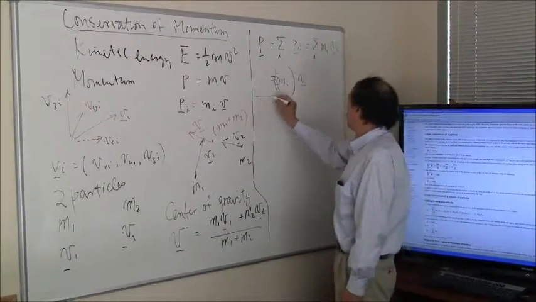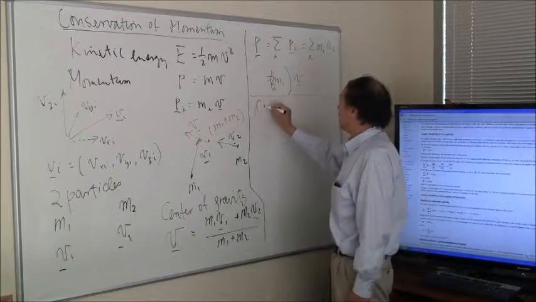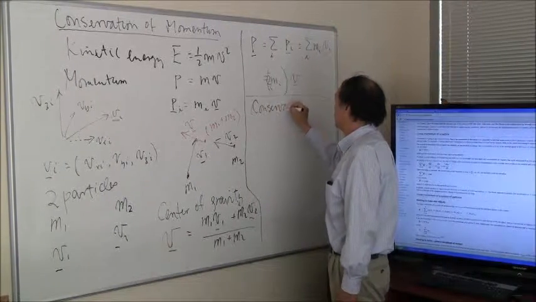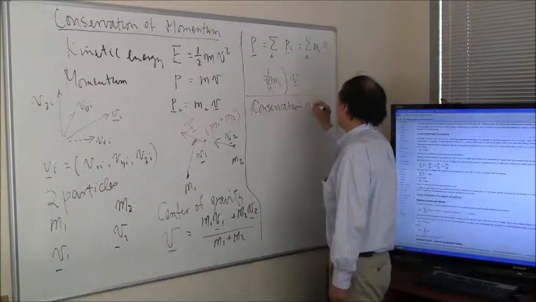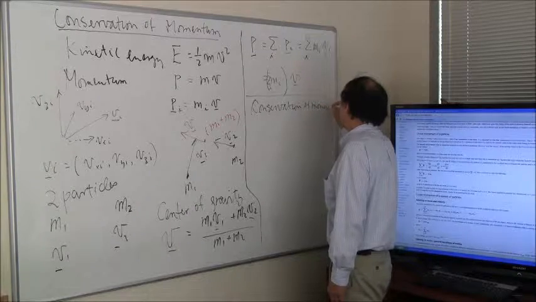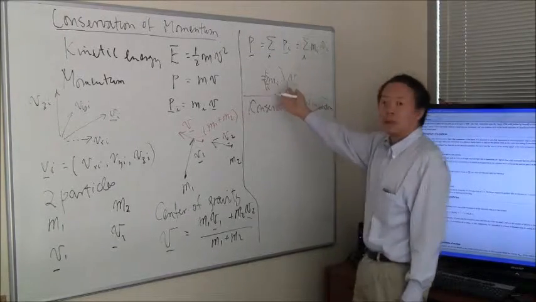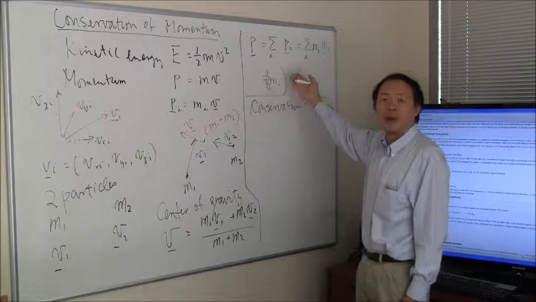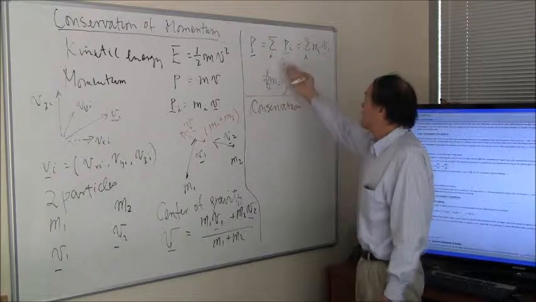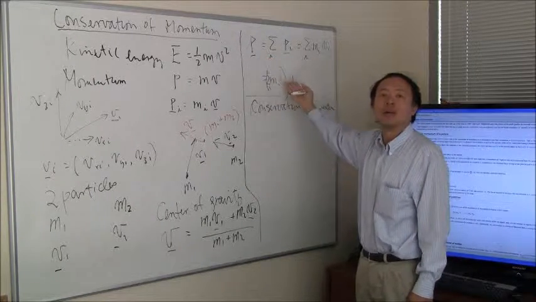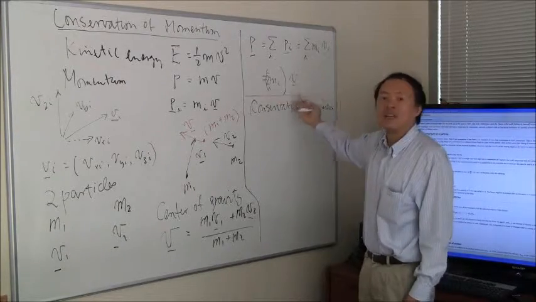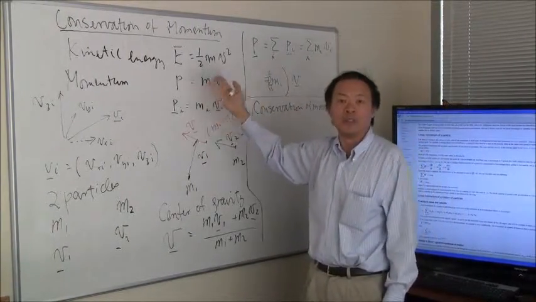Now, what we are going to look at is the conservation of momentum. For whatever reference frame of motion you have, the momentum is not going to change unless an external force is acting on this system.